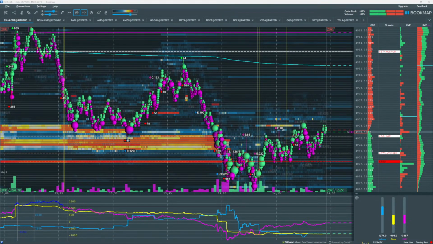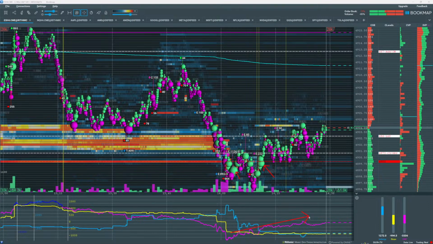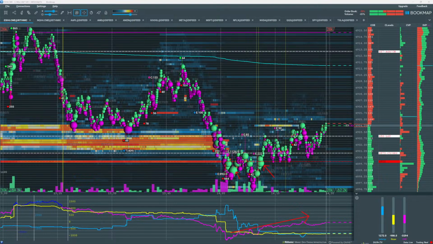Looks like some aggressive buyers are starting to come in. You can see the green volume dots. CVD starting to rise. So looking more bullish here in the S&P 500.